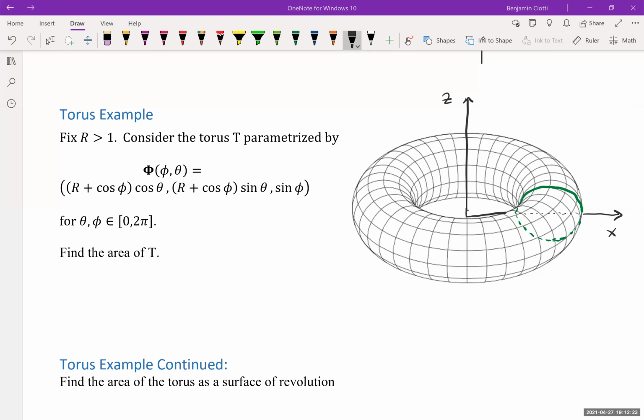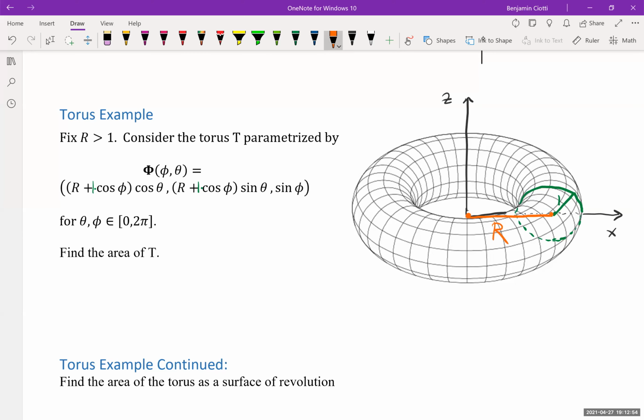So there's actually sort of two radii involved in a torus. There's the smaller radius, which in this problem is just 1. So you could imagine that there's a 1 right there and a 1 right there. And then there's also the big one, which I call big R, and that's the distance from the origin to the center of the little disk.